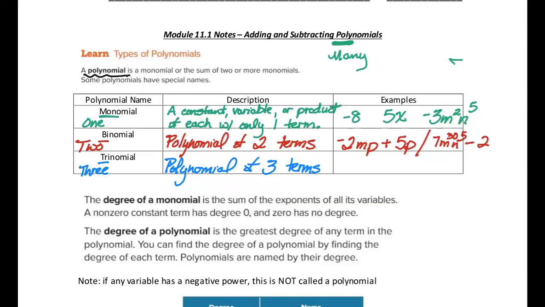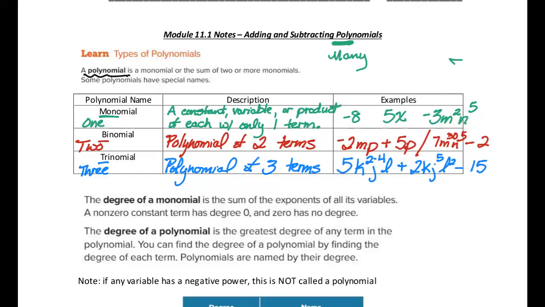One example of that could be 5k squared j to the 4th L plus 2k j to the 5th L squared minus 15. 3 terms, okay?